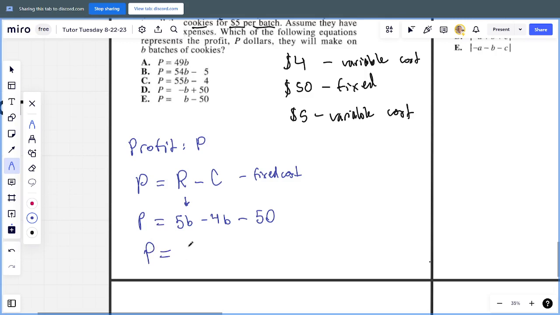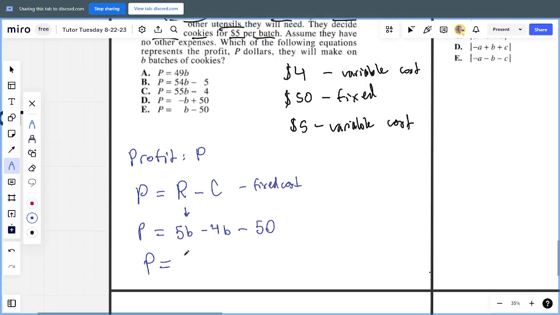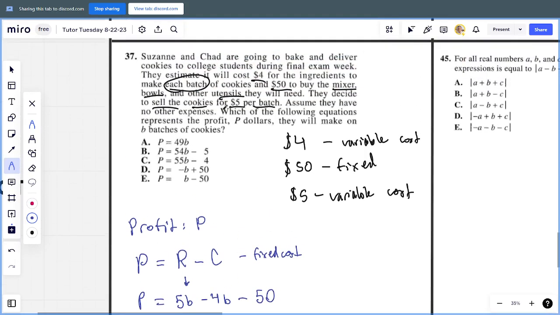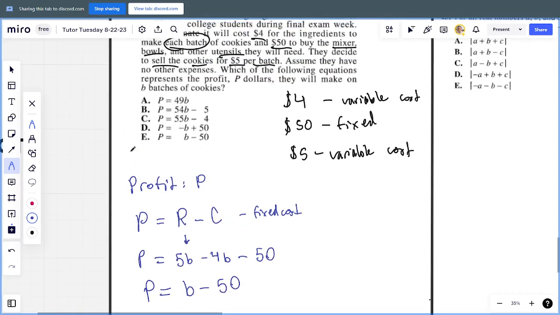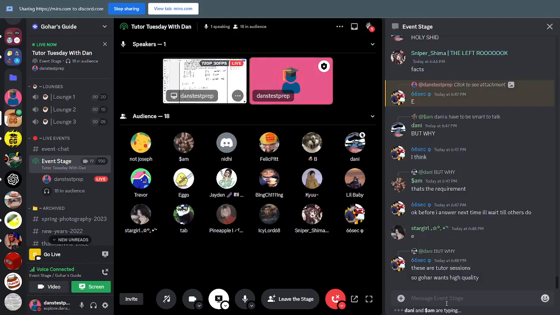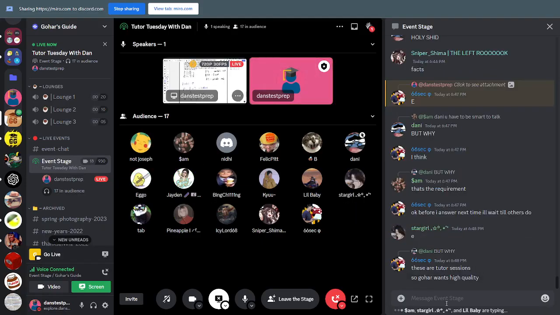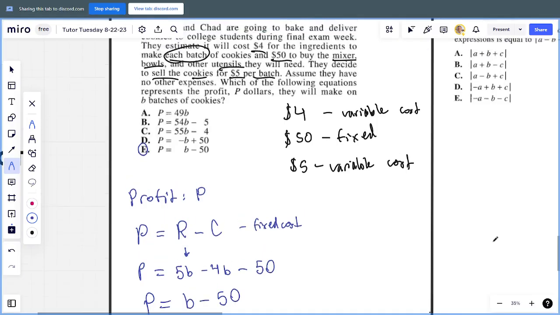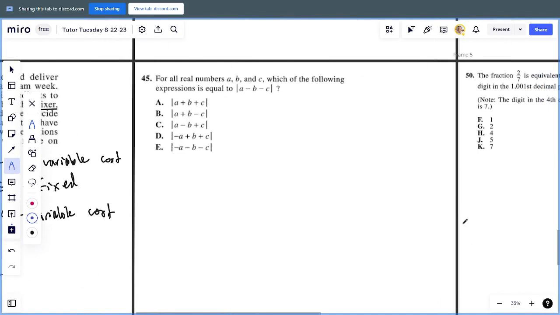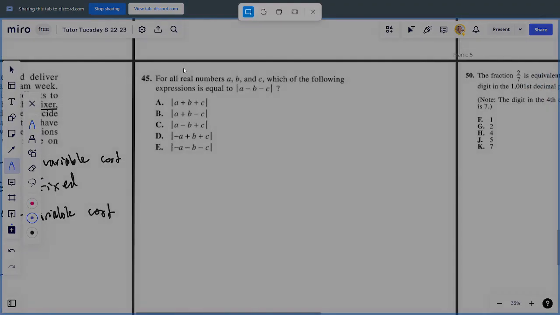So when we simplify everything here, the total profit that they're going to make is $1 per batch of cookies, after considering the $5 they sell it and the $4 for ingredients, minus the flat cost of $50 to get everything set up. This is what you learn in your Intro to Business class in college. Yeah, answer choice E.